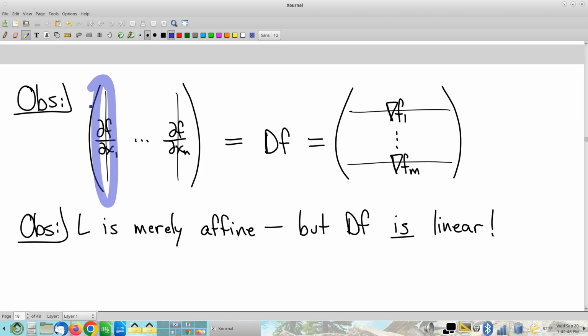But that means that this column as a whole is the partial derivative of the whole vector valued f with respect to x1, because you just do those partial derivatives one component at a time. So one alternative way to think of columns of a derivative matrix is that they are literally partial derivatives of the vector valued function.